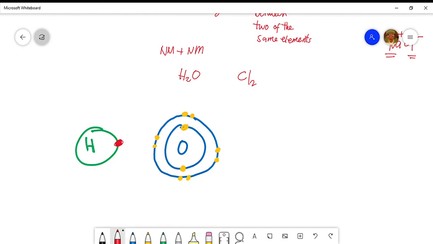And since we have two hydrogens, we have something like this.